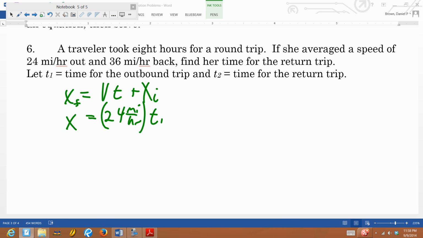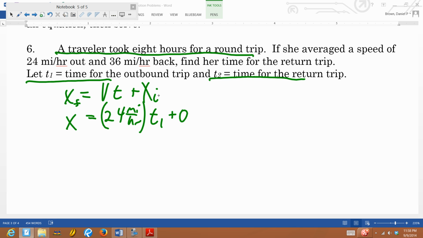I'm going to call this time 1 to take a trip outward. It says let T1 be the time for the outbound trip, and T2 be the time for the return trip. That gives you a hint a little bit to solve this. I also know that these two times together have to equal a total of 8, because 8 is for the whole round trip.